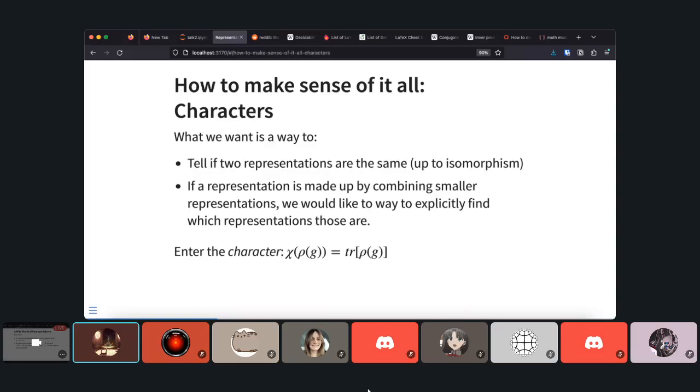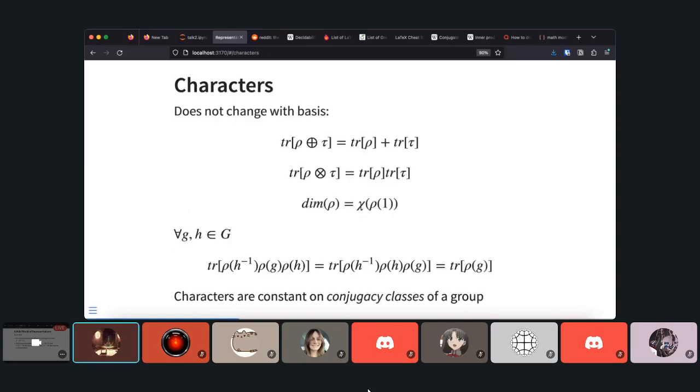So it's a map from specifically one matrix, which is the representation of a single element of the group, and it's the trace for that element's representation.